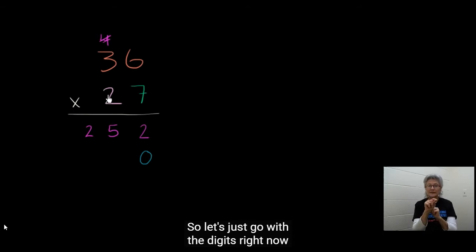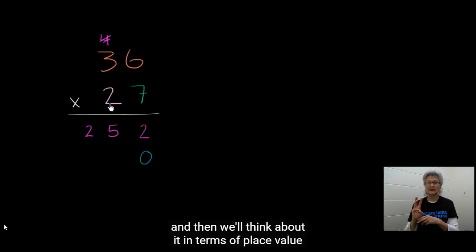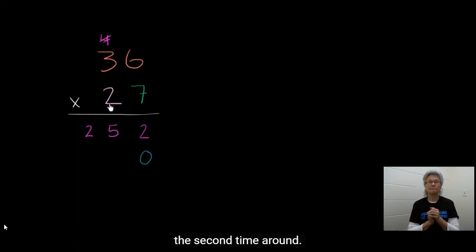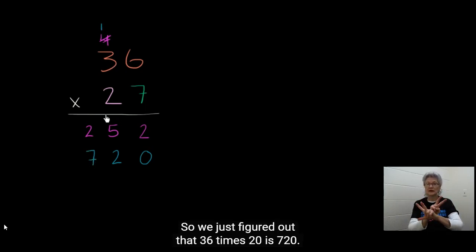So let's just go with the digits right now, and then we'll think about it in terms of place value the second time around. 2 times 6 is 12. Write the 2 right over here, carry the 1. 2 times 3 is 6, plus 1 is 7. So we just figured out that 36 times 20 is 720.